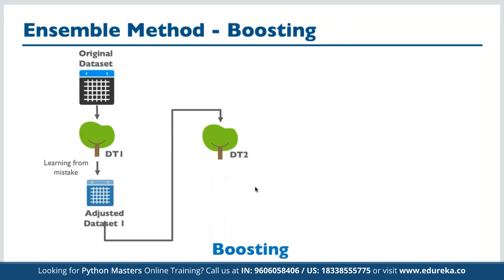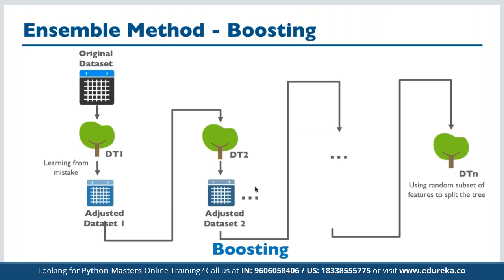Then we train the next model. Then we get the output, learn from this, then train another model. So even here we are using multiple algorithms and models, but we are doing that in sequence rather than in parallel. And eventually we'll have a final outcome. So this is the concept of boosting. Both bagging and boosting are ensembling algorithms.